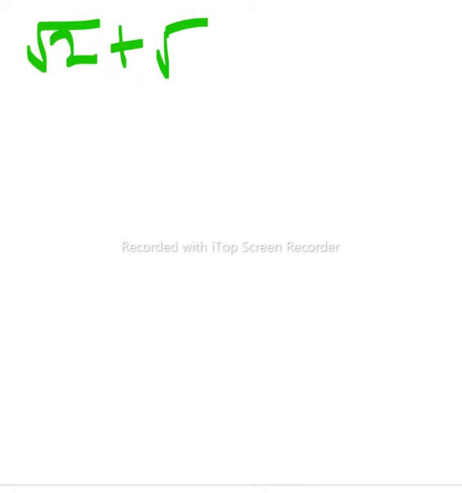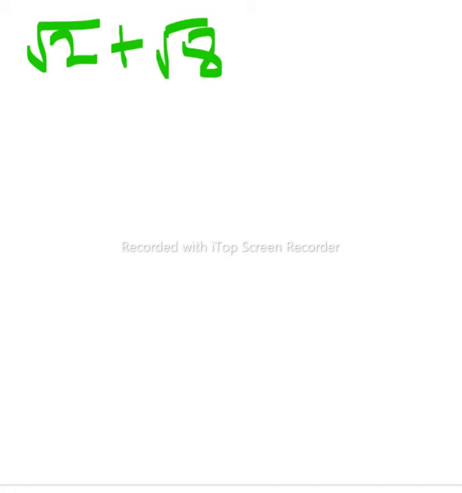They have the same index, but they do not have the same radicand.